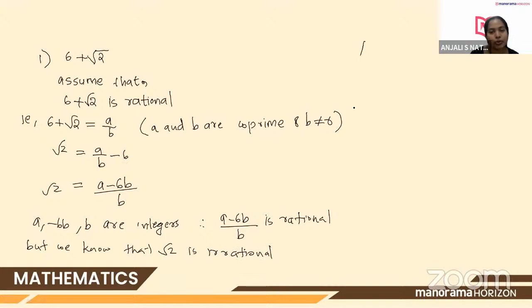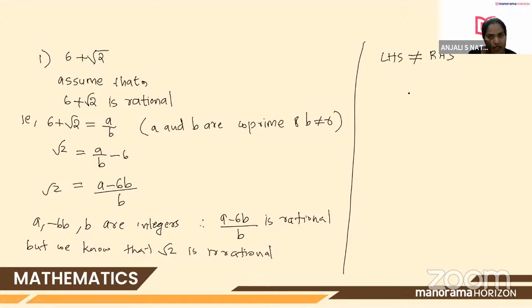So if root 2 is an irrational number, then our LHS is not equal to RHS, because on the RHS, a minus 6b and b are integers, which makes it a rational number. But we know that root 2 is irrational. So LHS is not equal to RHS.